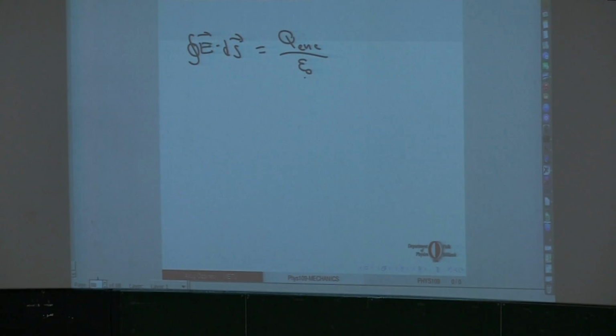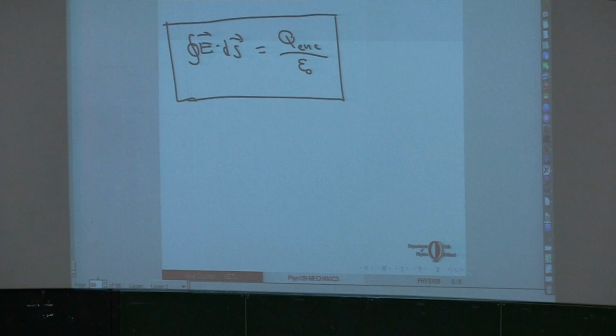Again, this surface that we are thinking about is not a physical surface. It's not a surface that exists in reality. It is a mathematical surface that we just imagine. And whatever surface you imagine, this relation should be true. We can discuss it later on.